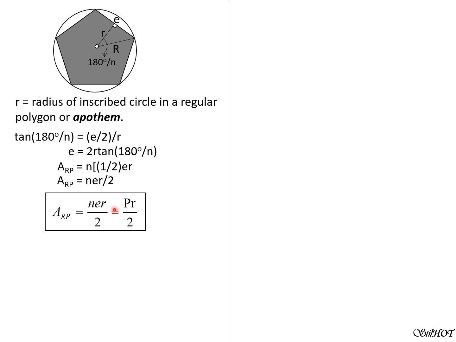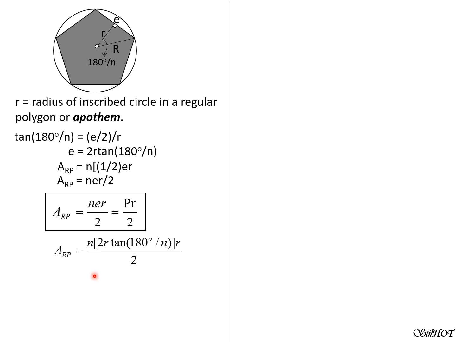In terms of purely the apothem, then we replace E by that equivalent, 2R tangent of 180 degrees over n. So it is n over 2 times E, which is 2R tangent 180 degrees over n, times R. We can cancel out 2.